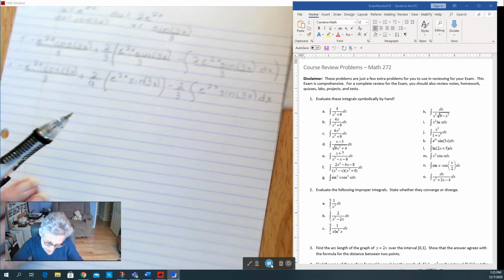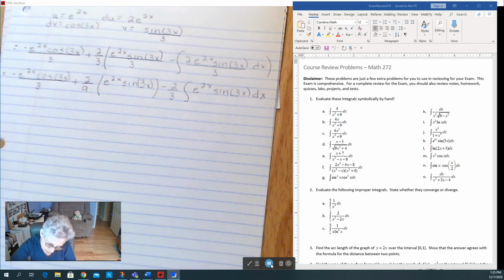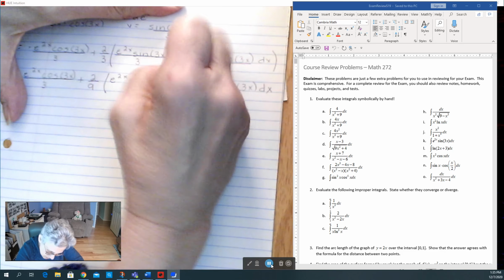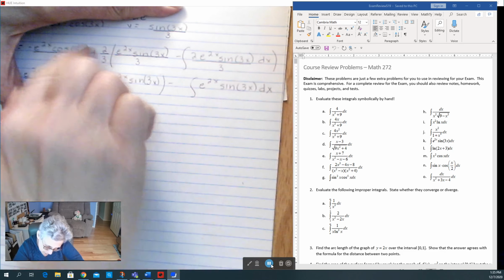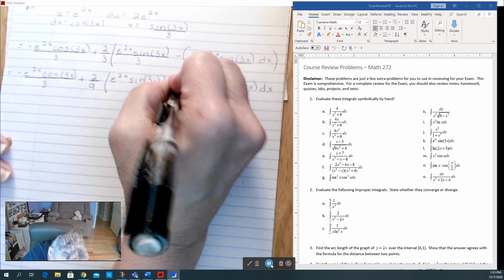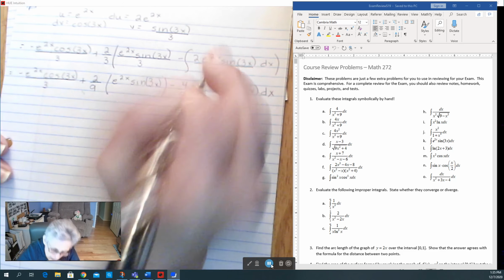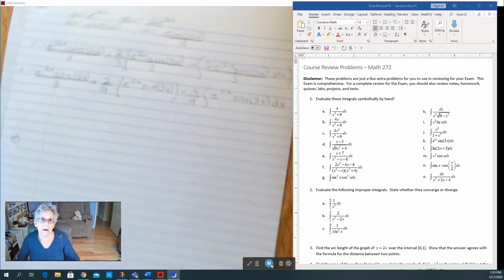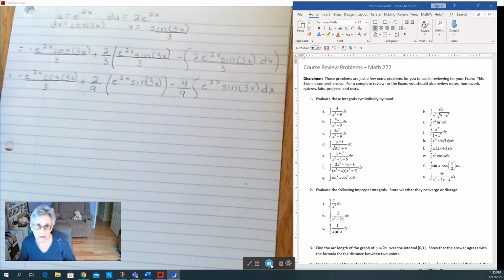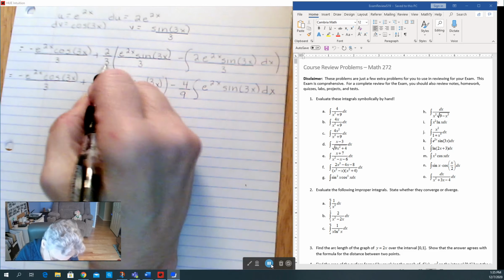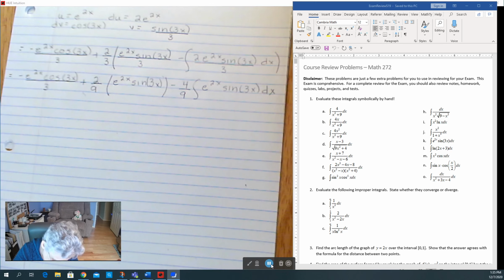So I have 2/3, and actually I forgot to distribute that 2/3. So I really have 2 times 2 on top, which is 4, 3 times 3 down below, which is 9. So that's my way of reminding you, don't forget to distribute your number sitting outside of those parentheses.